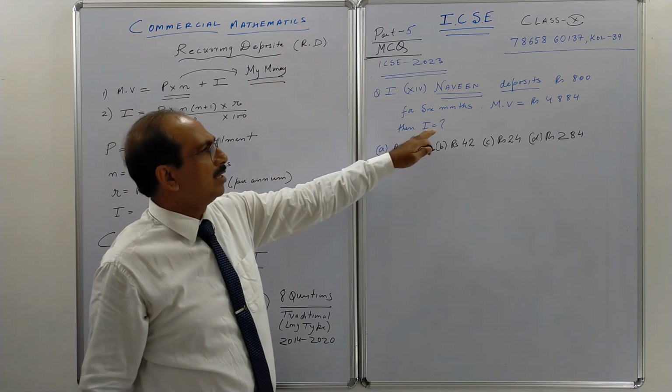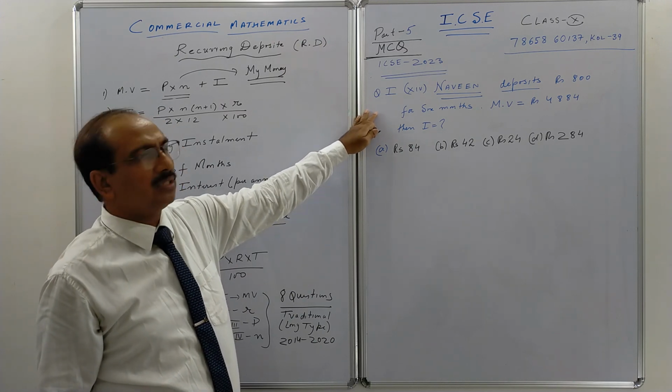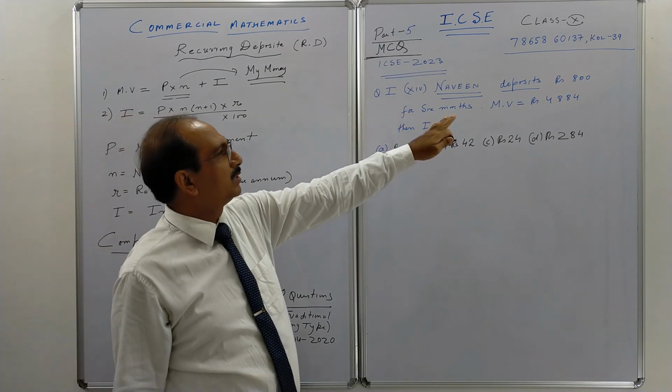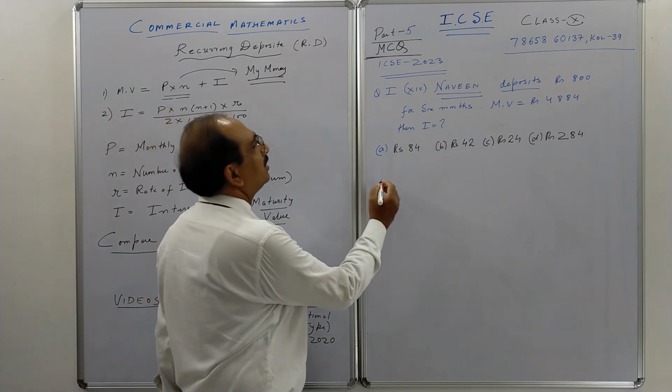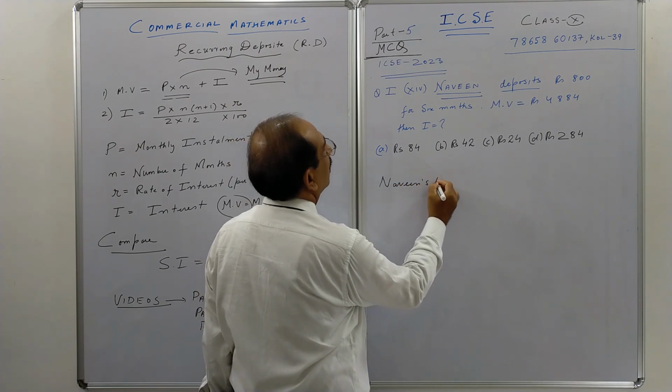Like in this example, you will see, Naveen, a very latest question from 2023, I think the exam was on 10th of March. Naveen deposits rupees 800 for 6 months. So what is Naveen's money?